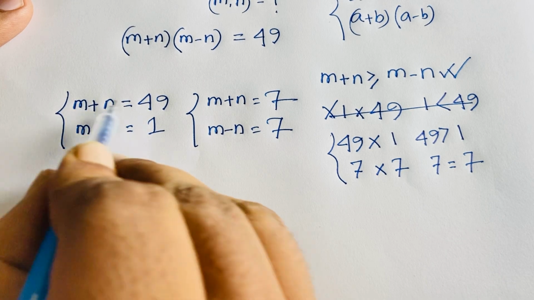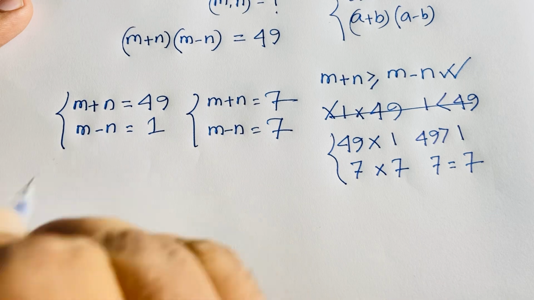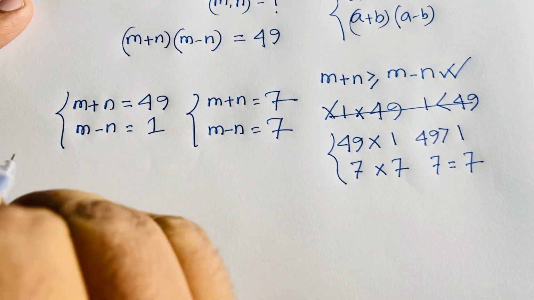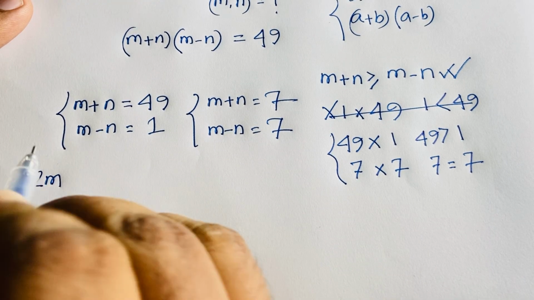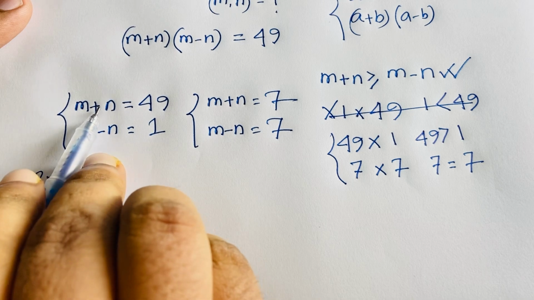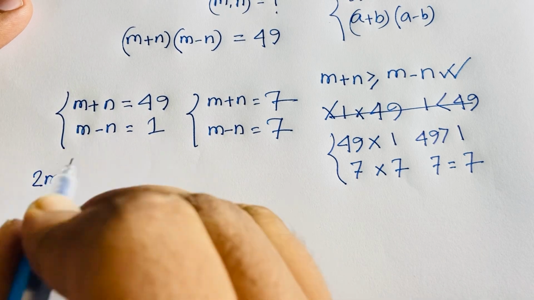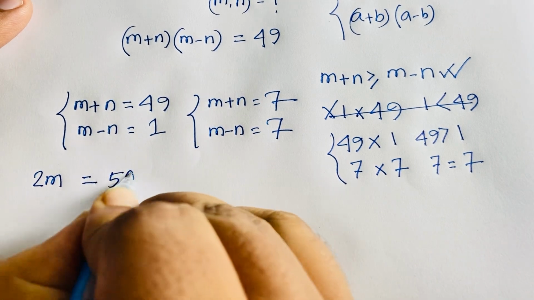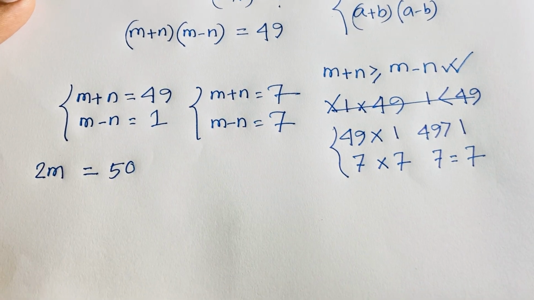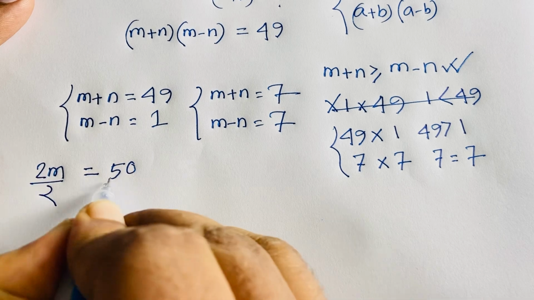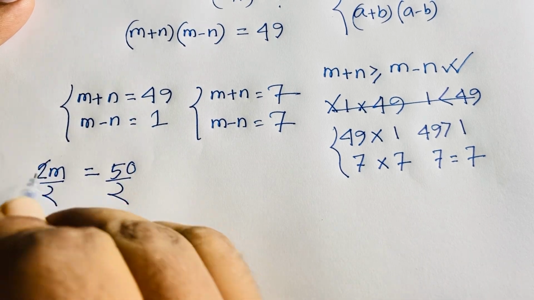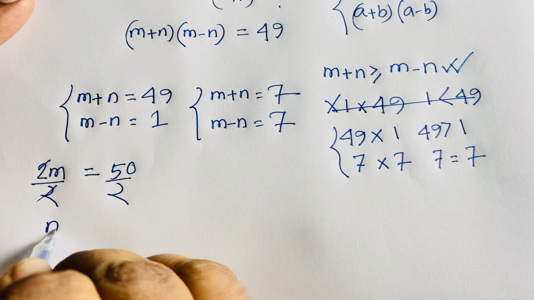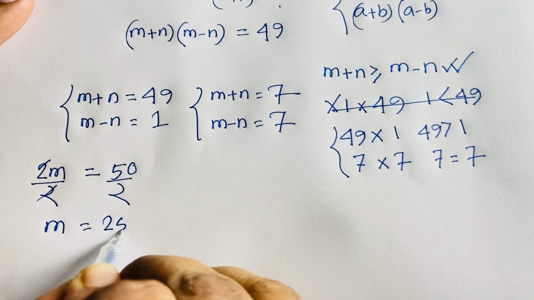If I add both equations, m plus m will be 2m. This is positive and this is negative, so they cancel. We find 49 plus 1, it will be 50. Now if I divide both sides by 2, we find m is equal to 25.